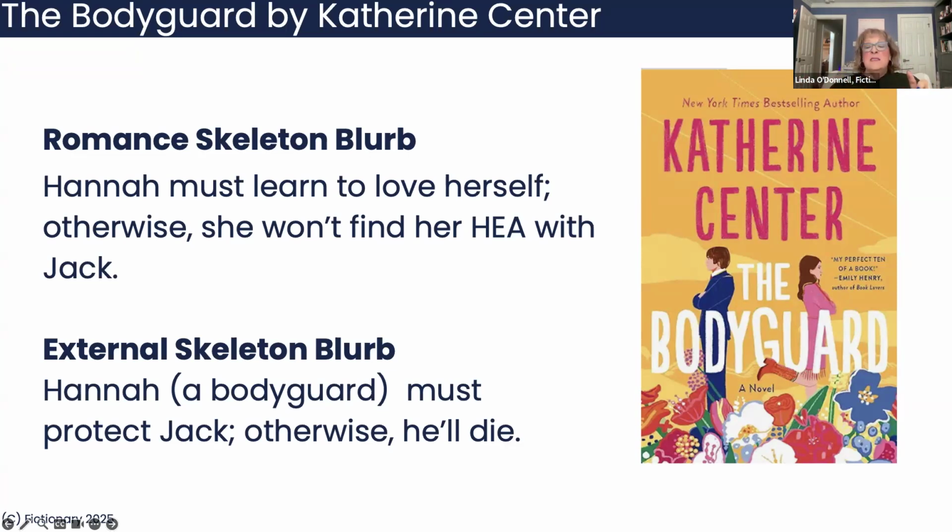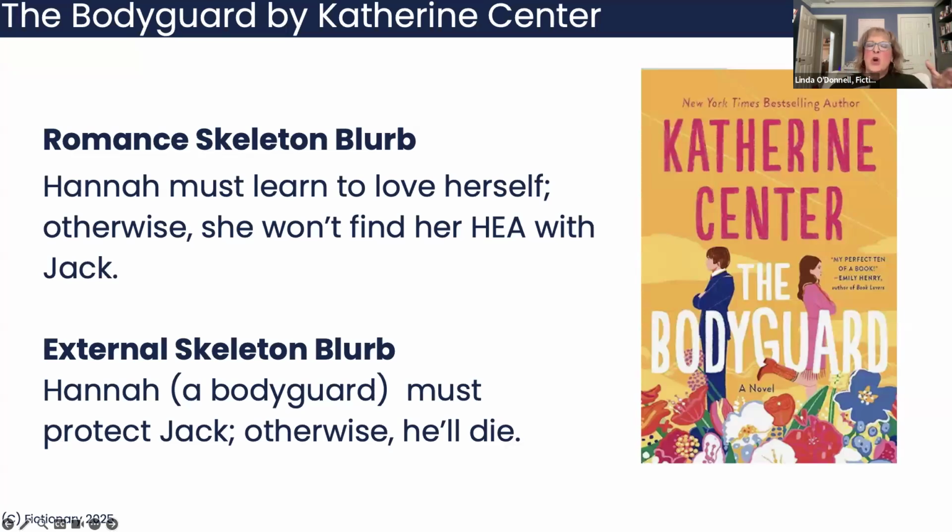Now, the other thing I wanted to mention here is your strategy of choosing whether you're going to do just a single point of view for the whole book, which is what this book does, or whether you're going to alternate between your love interests' points of view. This book uses just Hannah's point of view through the entire book. She holds the point of view for all the scenes. Here's why. Her thinking was that Jack is an actor.